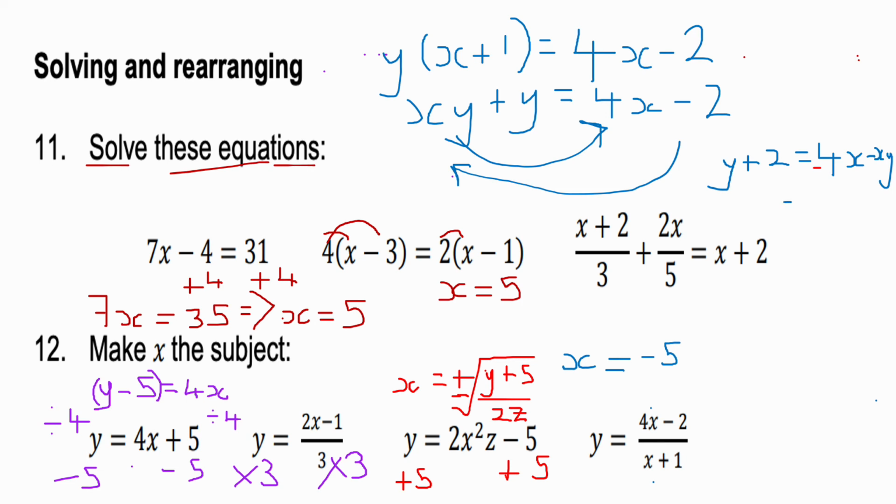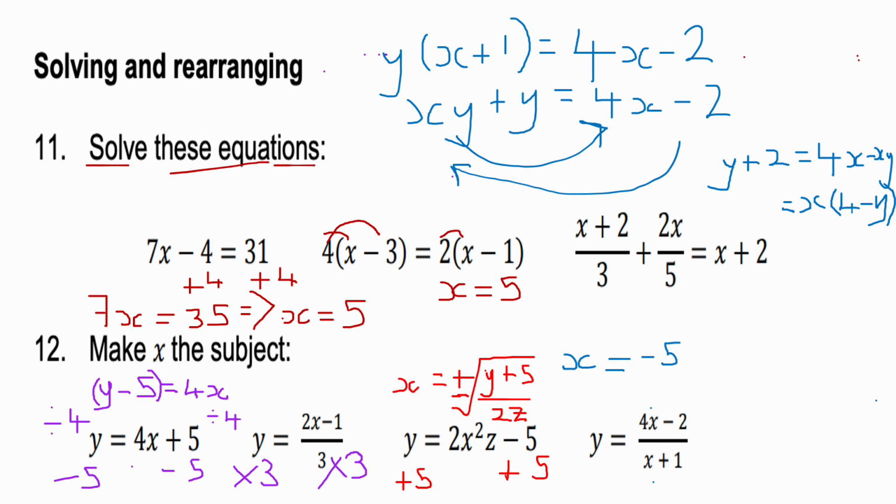I'm now going to factorize the right hand side into x brackets 4 minus y, because this is the only way to separate the 4x and the xy. I can only separate that by factorizing, or taking a linear factor of x out.